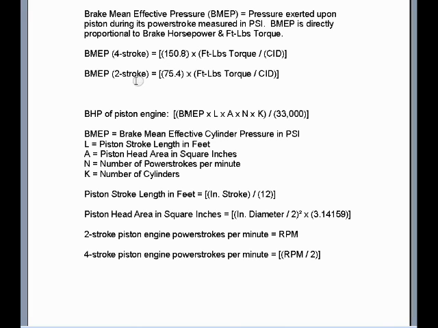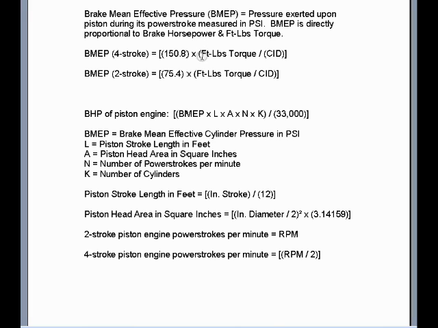In the case of a 2-stroke engine, like a chainsaw or a string trimmer on power equipment, there are 2 strokes of the piston to 1 duty cycle, a downstroke representing power, air and fuel intake and exhaust, and an upstroke representing compression. But we have to use the 4-stroke BMEP formula to mathematically calculate the pressure on the piston head during each power stroke.